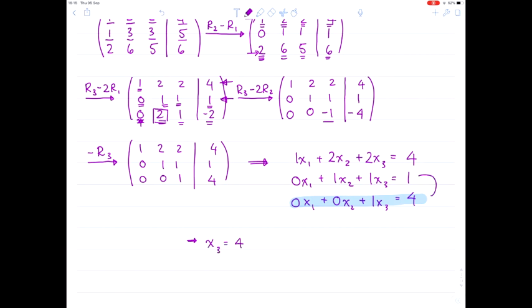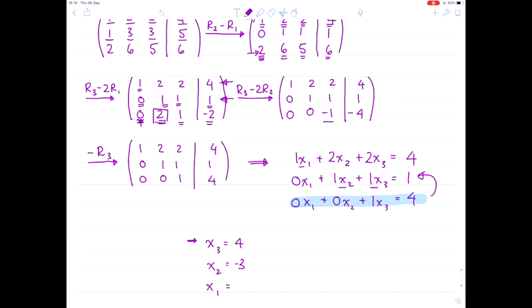And then when you plug that into our second equation, we get that x2 plus x3 is equal to 1. So we must have x2 is equal to 1 minus 4, which is minus 3. And then we can play the same game and you could work out what x1 is equal to.